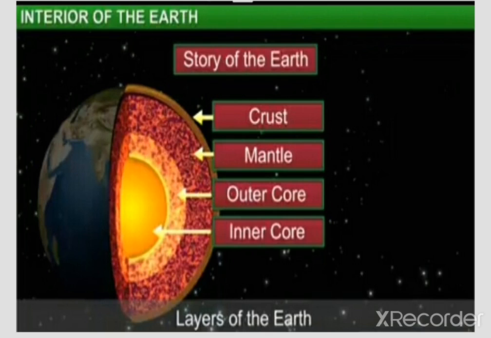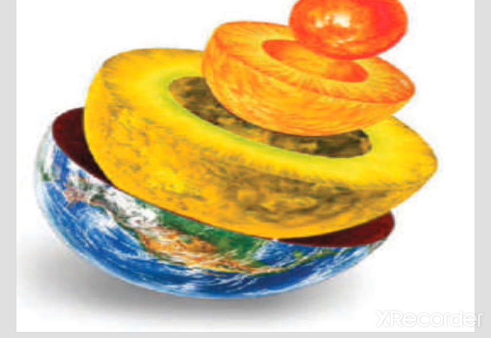I told you that there are three layers in the interior of the earth. Look at here. Here you can see crust, mantle and core. These are the three layers of the earth. The outermost layer of the earth is a crust.